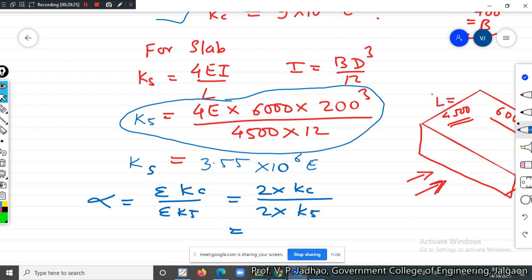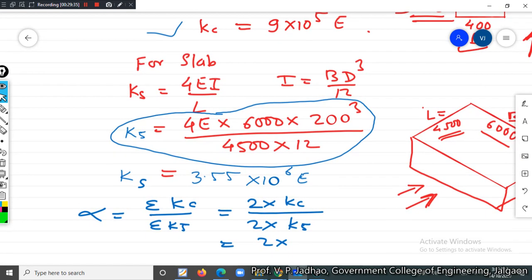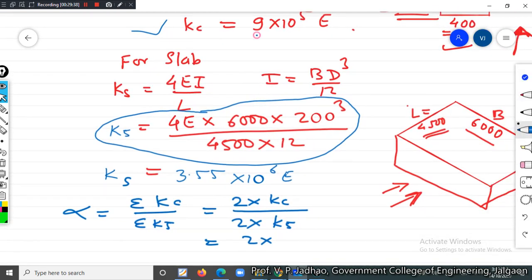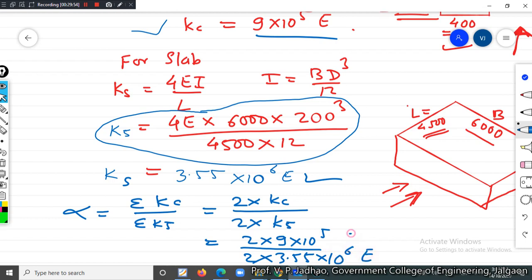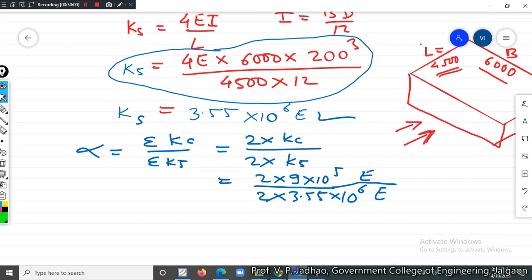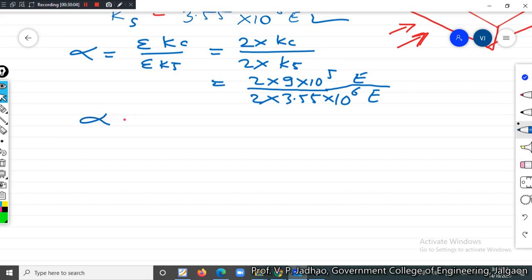Just put the values of Kc and Ks. 2 into 9 into 10 raised to power 5, divided by 2 multiplied by the value of Ks, 3.55 into 10 raised to power 6 multiplied by E, and in the numerator also there is E. Okay, so we get this value alpha equal to 0.253.